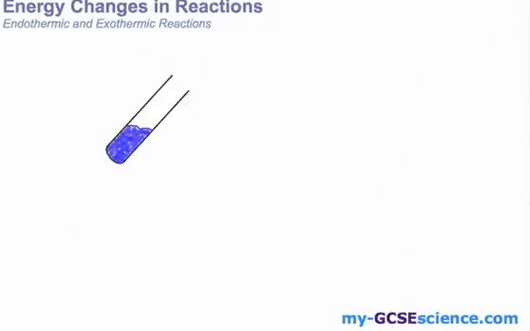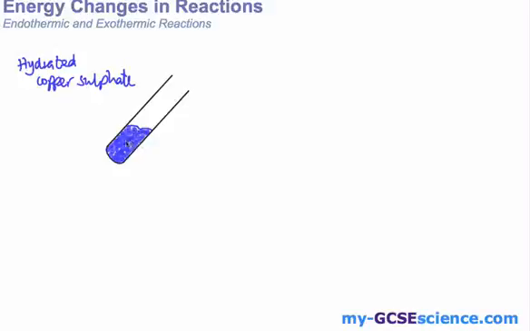The next thing I want to look at is this idea of an endothermic reaction and exothermic reaction happening with just one set of reactants and products, and that's one where the reaction is reversible. So over here I've got a substance called hydrated copper sulfate, and this can be used to show an exothermic reaction and an endothermic reaction.